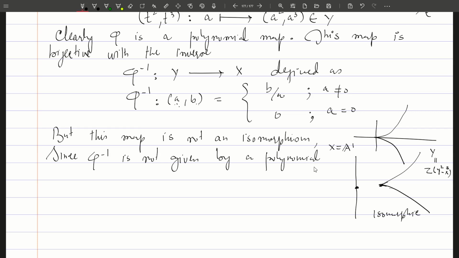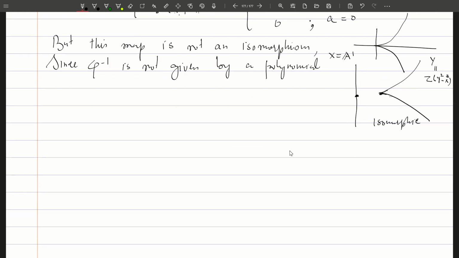Now let us define the pullback of a polynomial. So we have a definition.